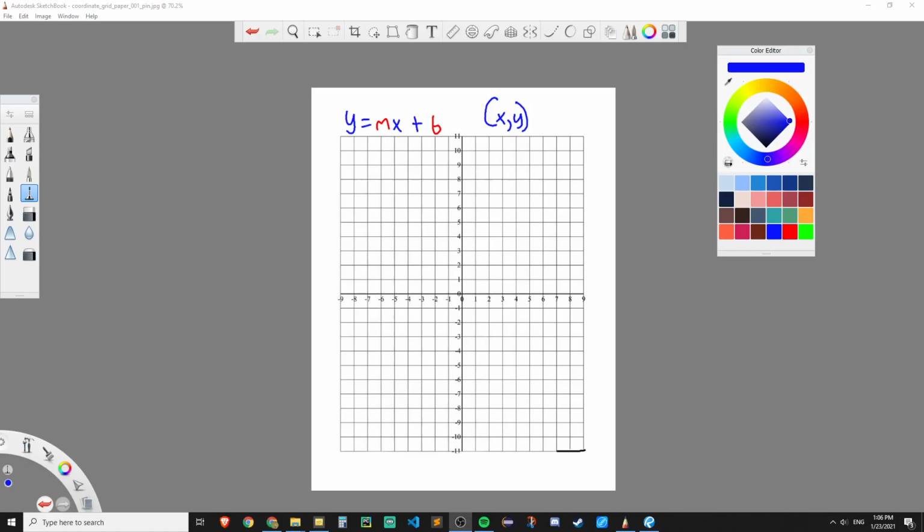So let us bring up our ruler and let's draw a line like this, right? Like that.